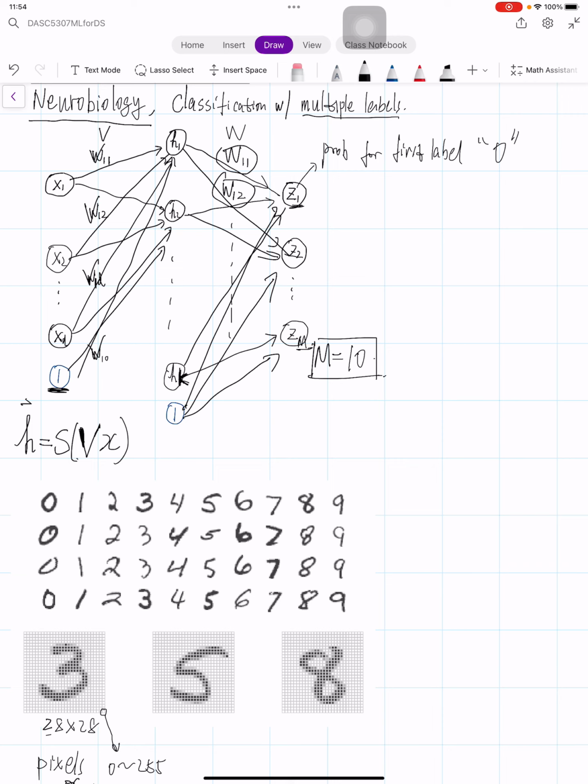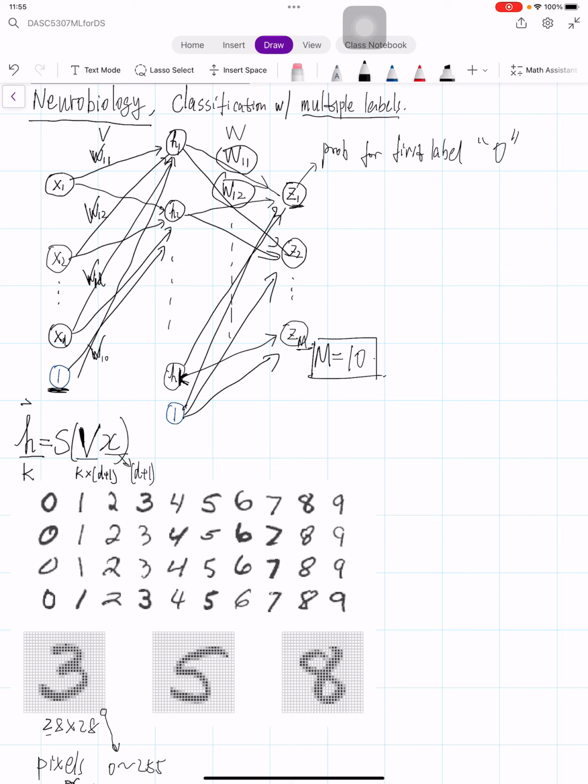Recall the matrix V has dimension k times d plus 1, since k is the number of hidden nodes and x has dimension d plus 1: the d input features with one bias term. Then we apply an activation function, either sigmoid or ReLU, and get the hidden layer, which has dimension k.